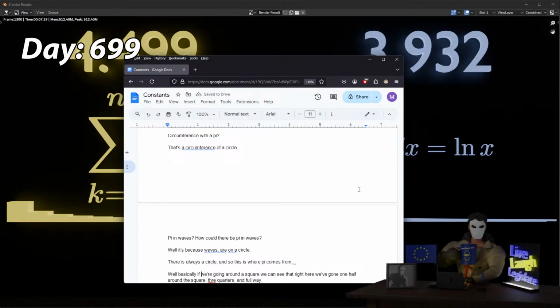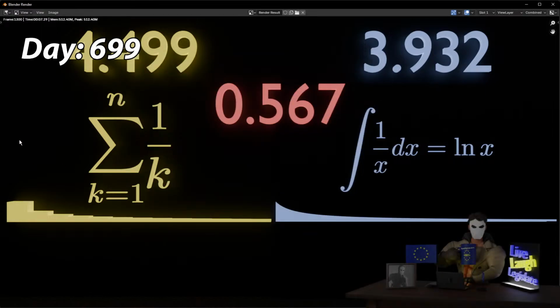Like this, and all we need now is one more example of pi being used to represent circles in a roundabout way.